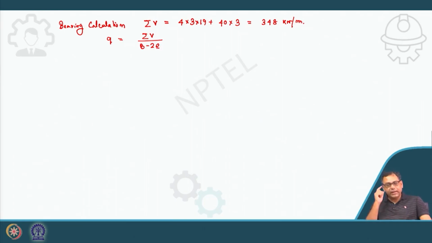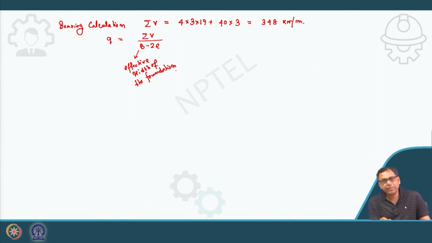Q I can calculate this way also, because if I divide by B, then the full area of the base is considered, but now due to the eccentricity the effective width of the foundation has been reduced.